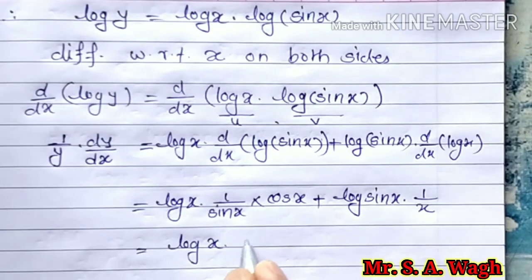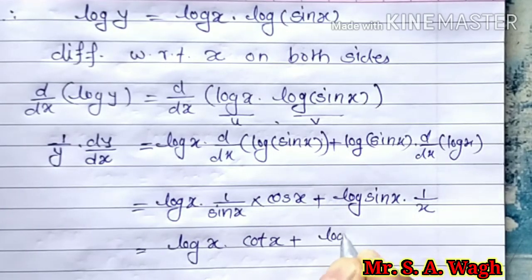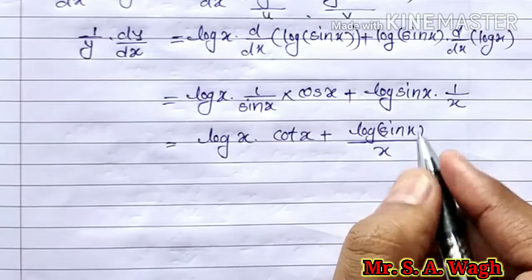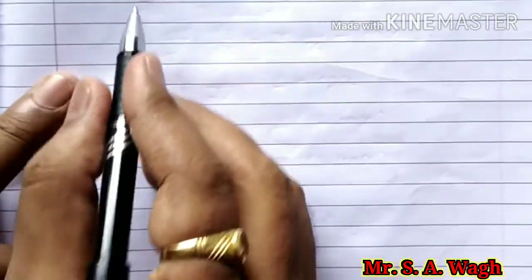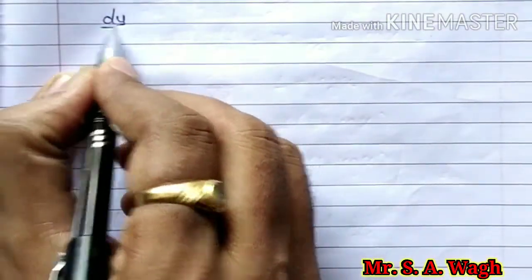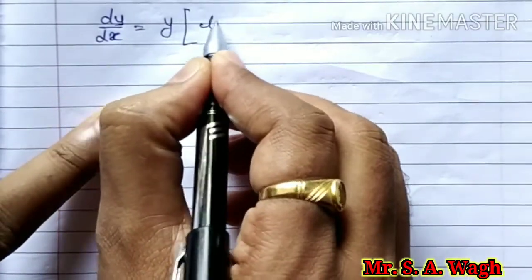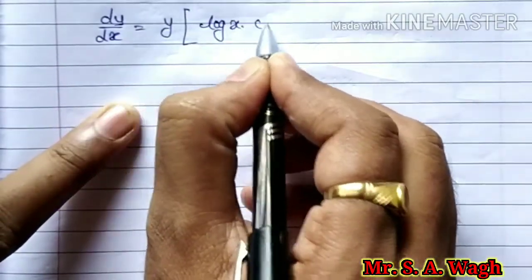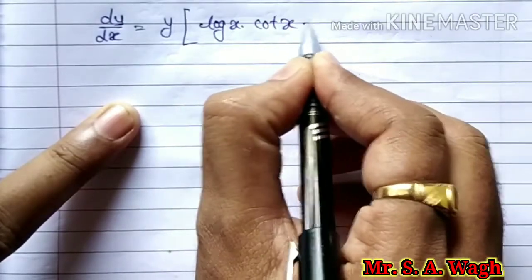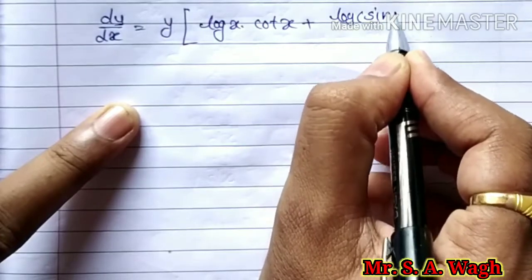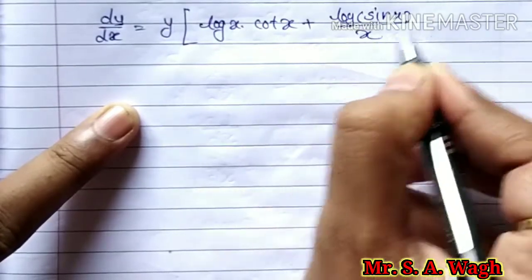Now cos by sin can be written as cot x, plus log of sin x divided by x. And hence we can finally write the value of dy by dx as y into bracket, log of x into cot x plus log of sin of x divided by x.